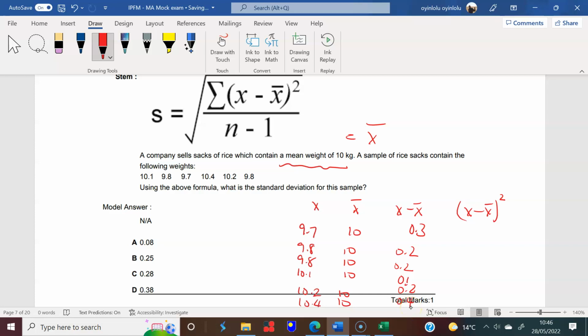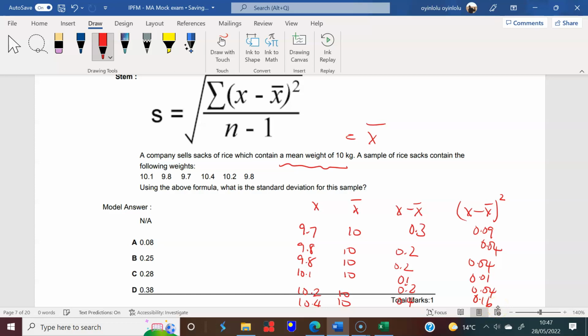And then we square it. So 0.3 times 0.3 is 0.09. You have 0.04, 0.04, then 0.1 times 0.1 is 0.01, 0.2 times 0.2 is 0.04, and 0.4 times 0.4 is 0.16.